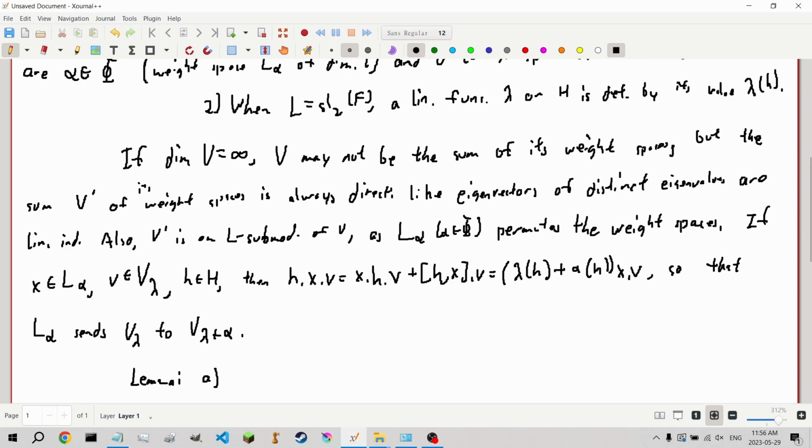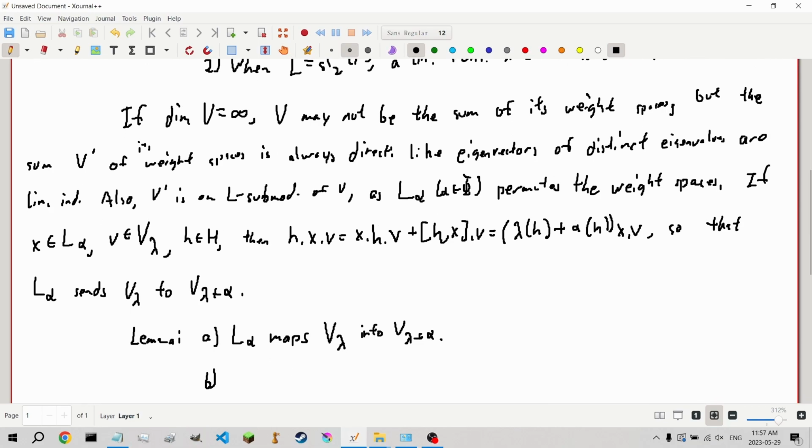Part A is literally just what I just said. The weight space of the root alpha maps the weight space of a weight lambda into the weight space of their sum.